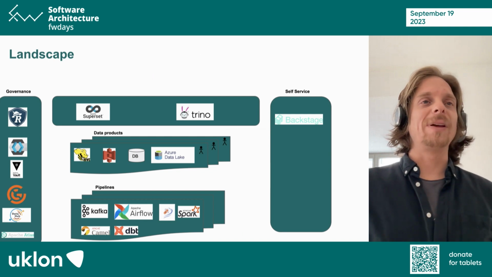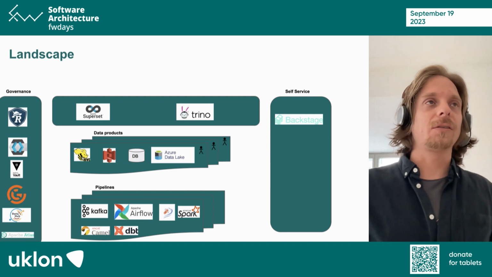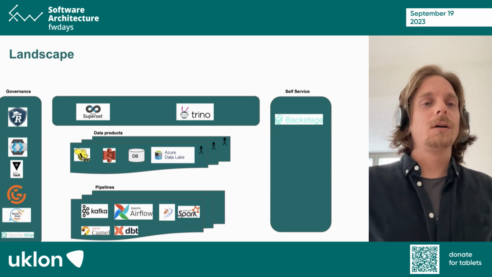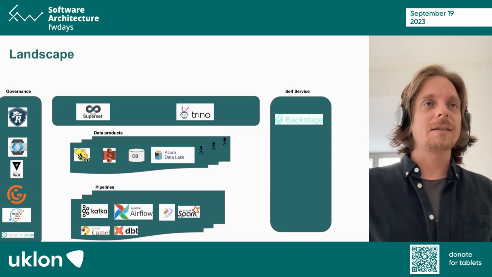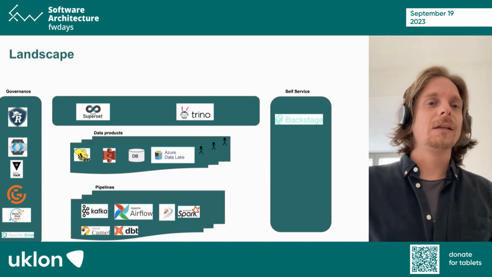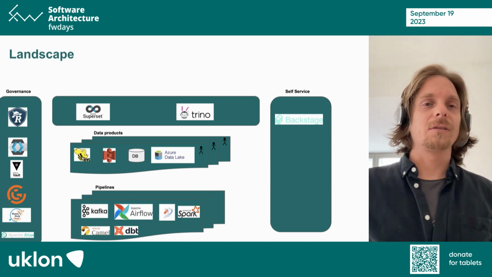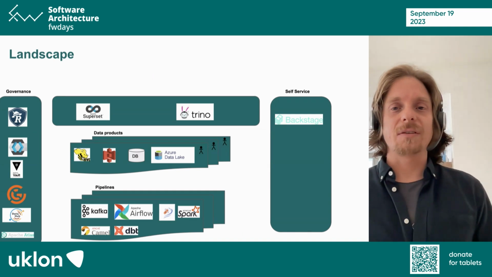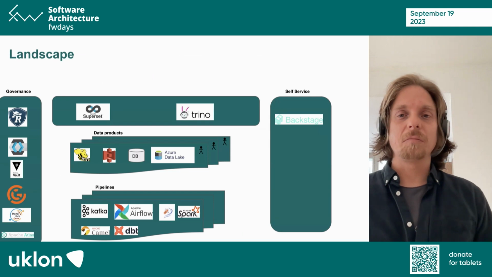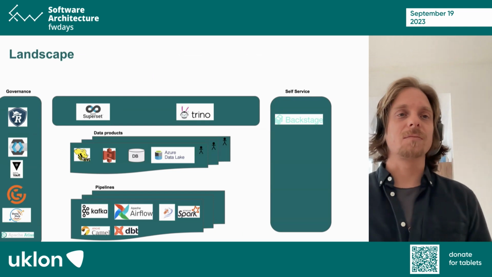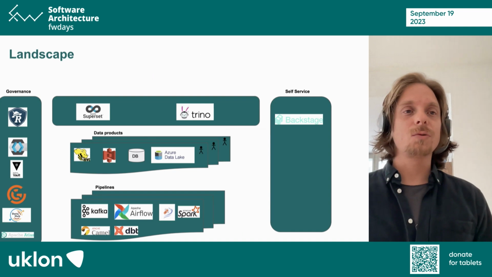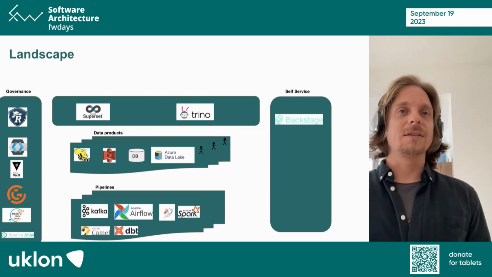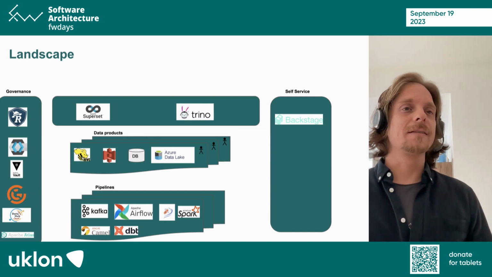One of the big topics for data meshes is data discoverability. That deserves a whole separate talk. Data discoverability will basically enable a team to find suitable data and maybe request it.